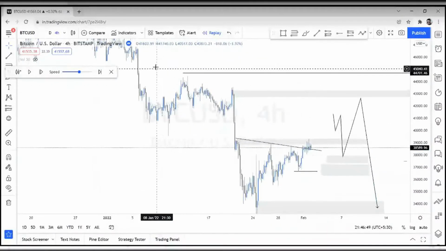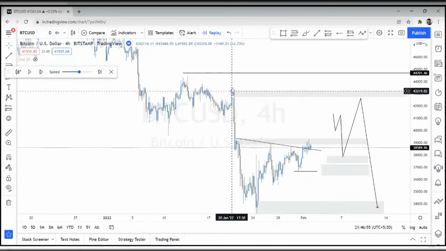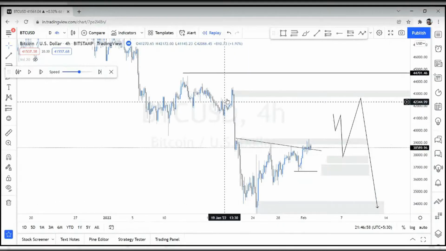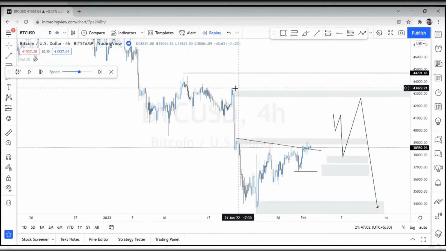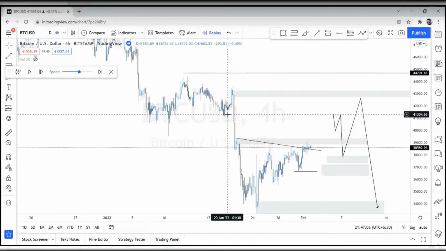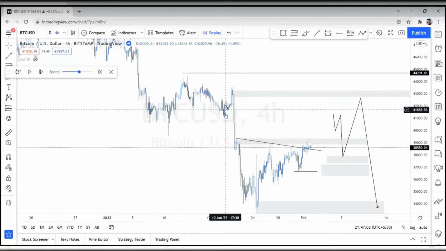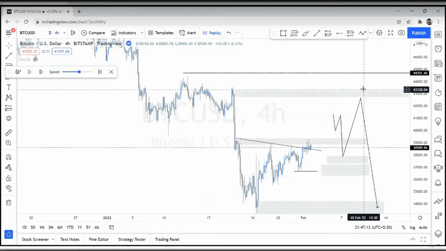Institutions have to buy here millions and billions of dollars in order to sell at this price. So when they sold this, what do we have? We have their positions negative because they bought here. They need to close these positions, maybe coming here or here.